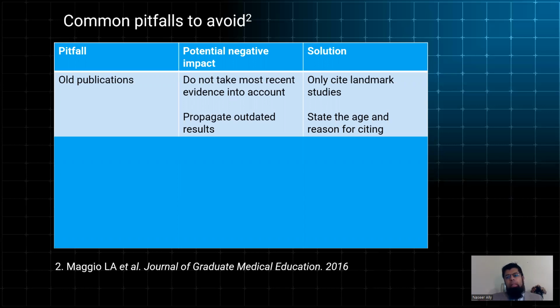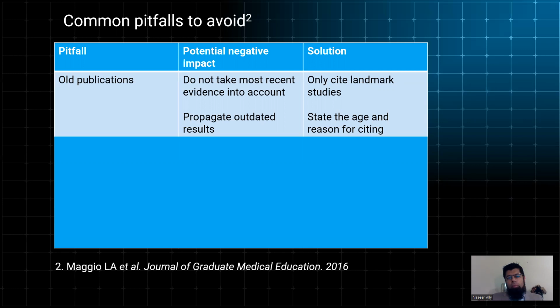So for example, in our diabetic macular edema study, if we were mainly citing research that looked at grid laser for diabetic macular edema, we'd miss out on by far the majority of the research that focuses on anti-VEGF. So what you could do if you would like to cite some older publications would be to cite only landmark studies. So for example, the ETDRS study that focused on diabetic macular edema.